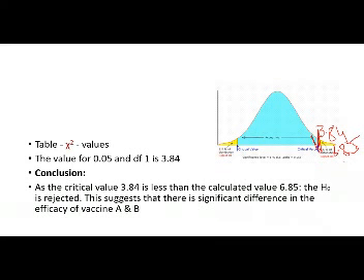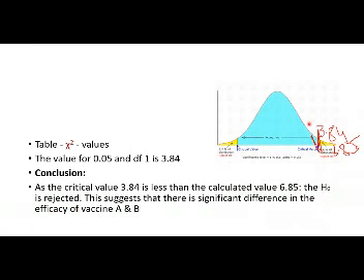So this 6.85 is far away on the right side of the critical value, and as the critical value 3.84 is less than the calculated value, the null is rejected.